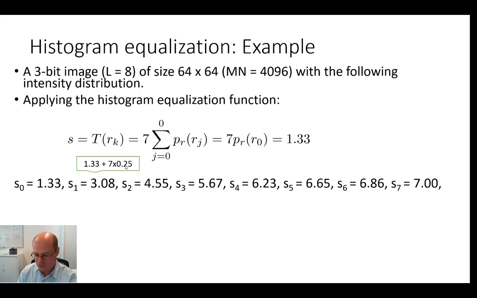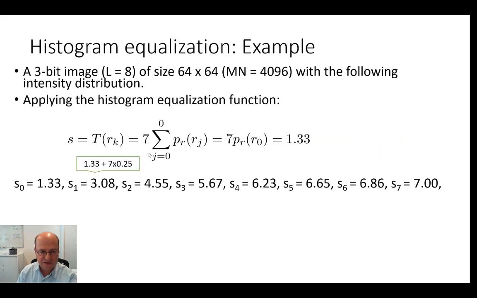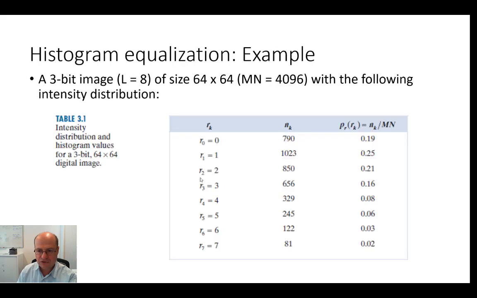That's 0.25. Let's go back here. 0.25 multiplied by 7, summing 1.33, that's this value. And so on and so forth for every single value found in this table.